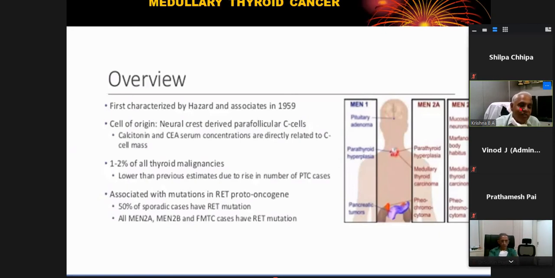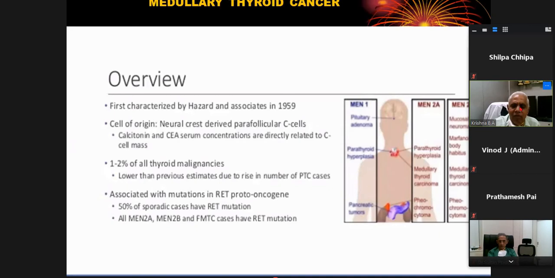That is, histology has improved significantly, associated with mutations in RET proto-oncogene. 50% of the sporadic cases have RET mutation, and all MEN2A, 2B, and familial MTC have RET mutation. So mutation is an important concept as far as medullary thyroid cancer is concerned.